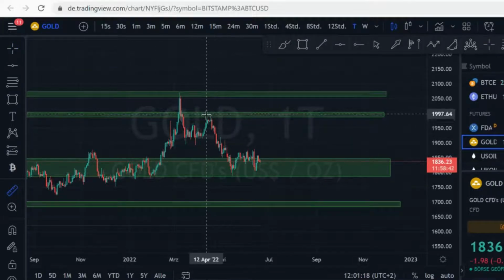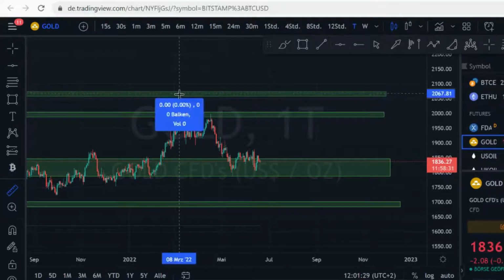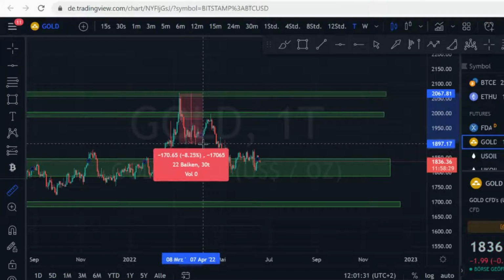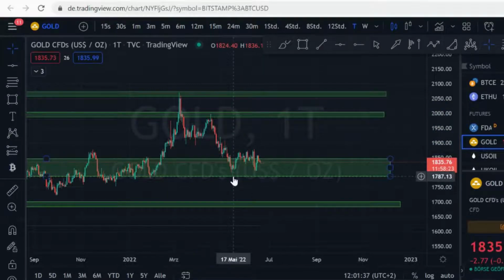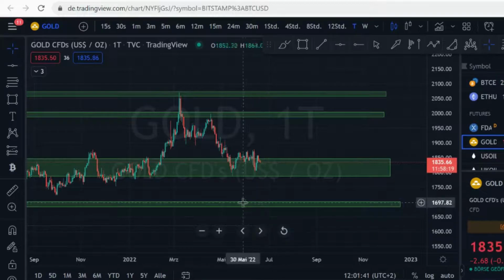Tried to retest the lower level of previous support, what is right now resistance, or flip into resistance. So that was that alone 8% move, 13% move here to this low point.